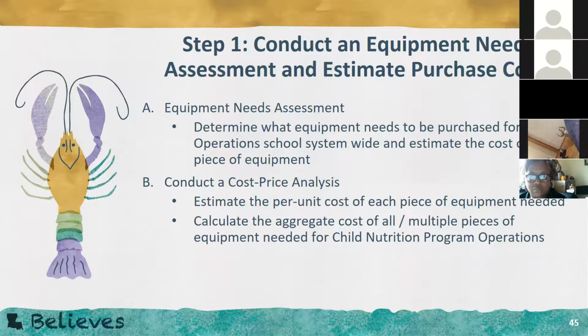An example of multiple pieces of like kind equipment would be cafeteria tables that may not be $5,000 or more per unit. However, when 15 are ordered, the aggregate cost is likely over $5,000, which requires the state agency pre-approval prior to purchase.